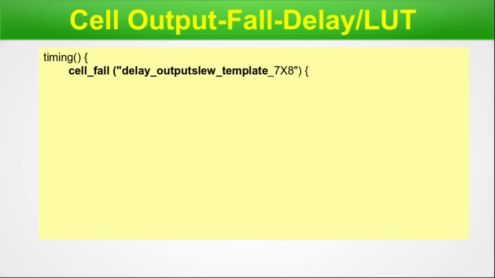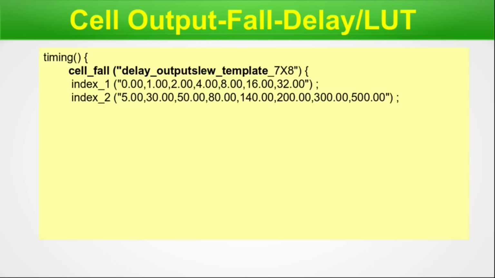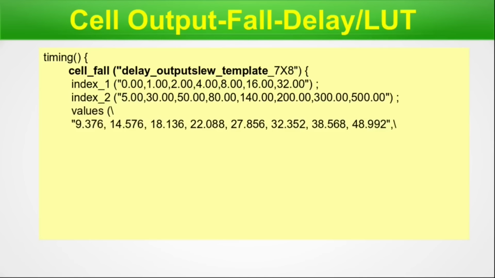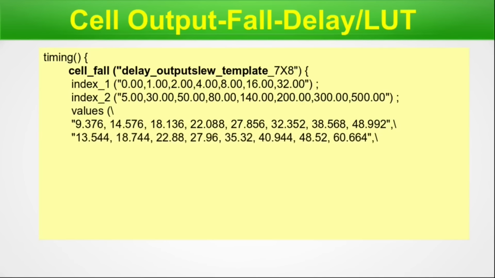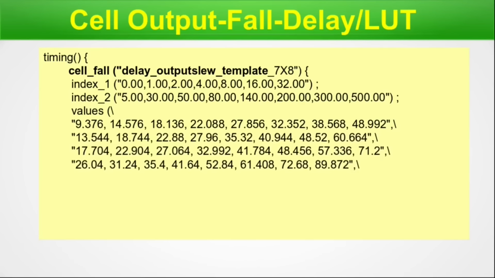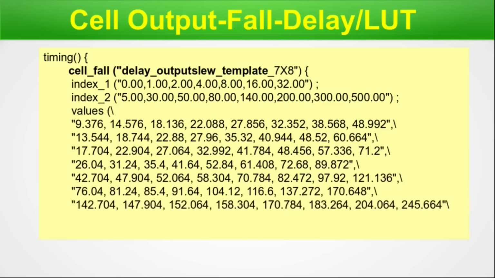Cell output fall delay, LUT. Start the timing. Cell fall delay output slew template 7 by 8. We have index 1 variation, index 2 variation, and here starts our table. Here starts our row, and we keep on adding the rows and corresponding columns, and here we close the table.